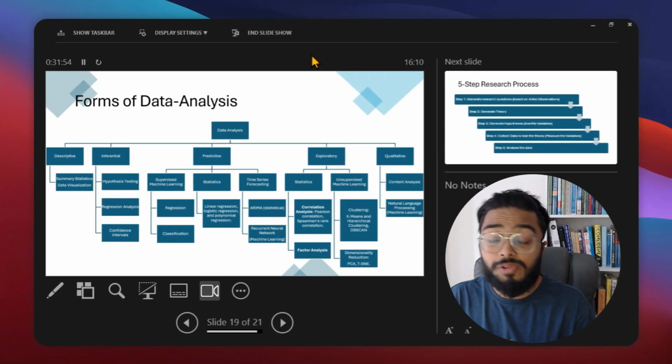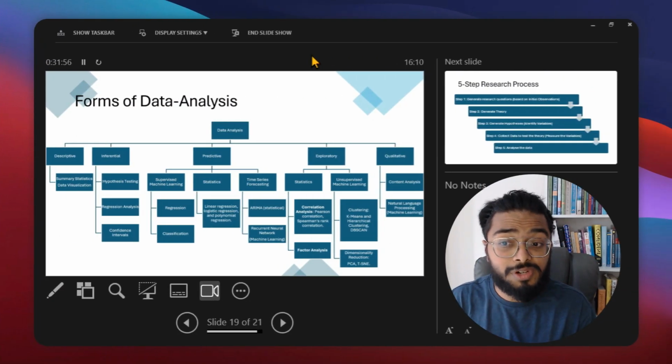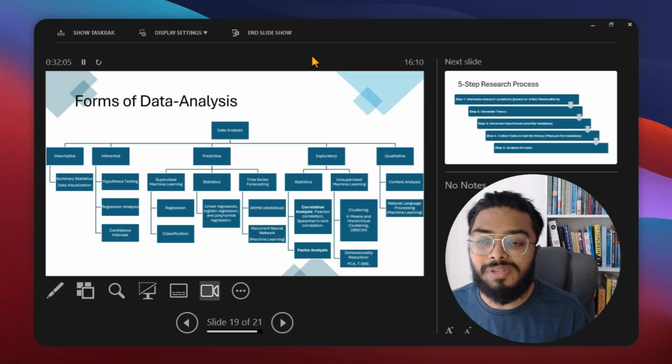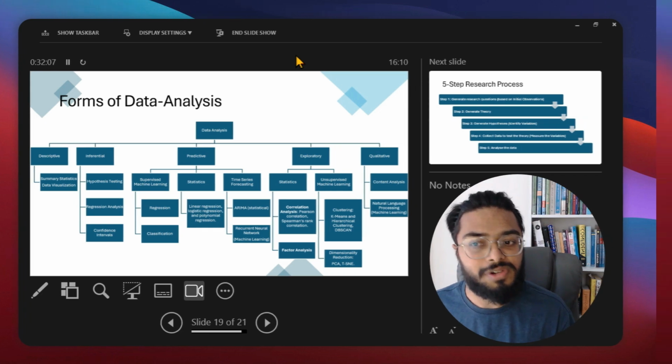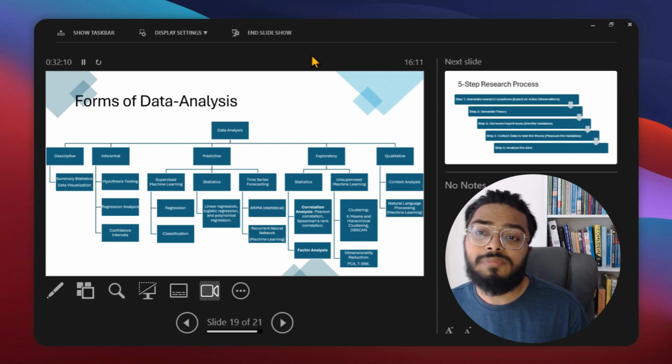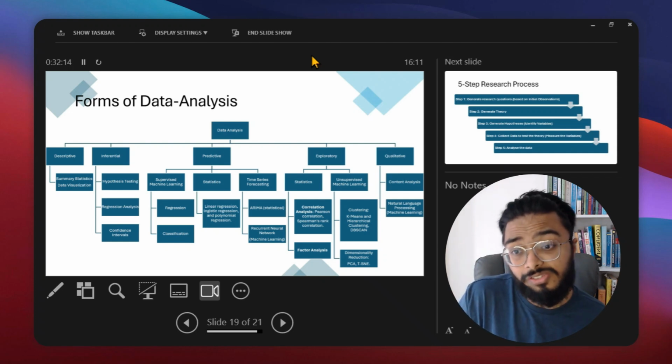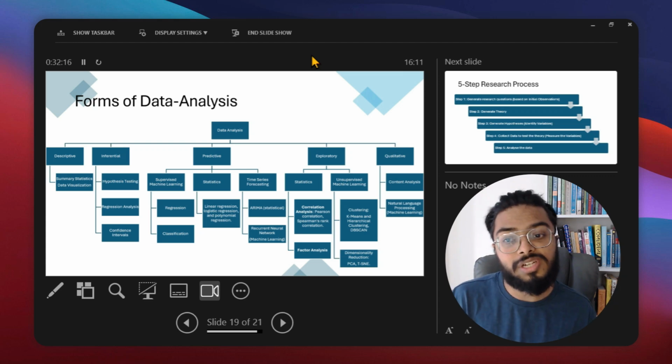And then you can also see there is time series forecasting, and you can use something like ARIMA, which comes under statistics. But if you are a fan of machine learning like me, then you'll probably be going for a recurrent neural network. Likewise, for exploratory studies, you can go for statistics, and you'll probably be doing correlation analysis or maybe factor analysis.